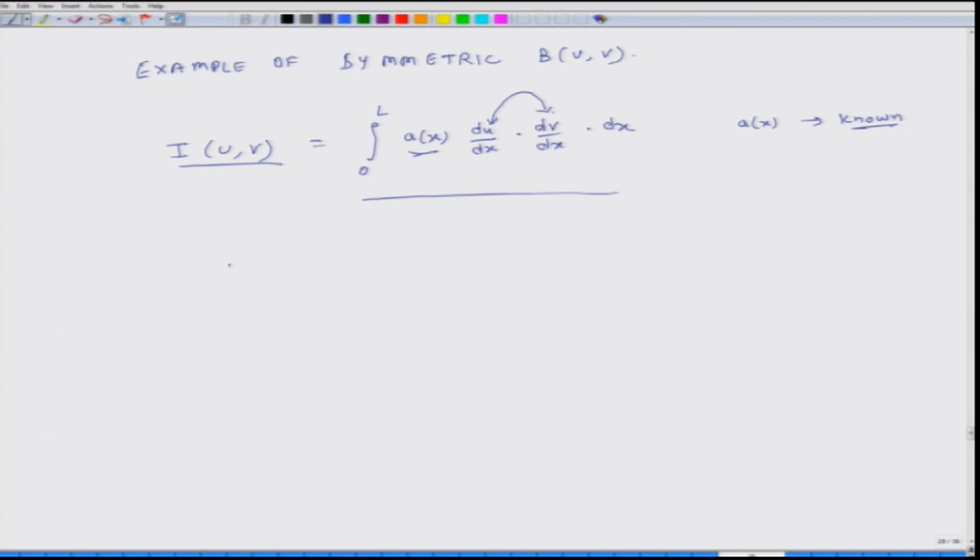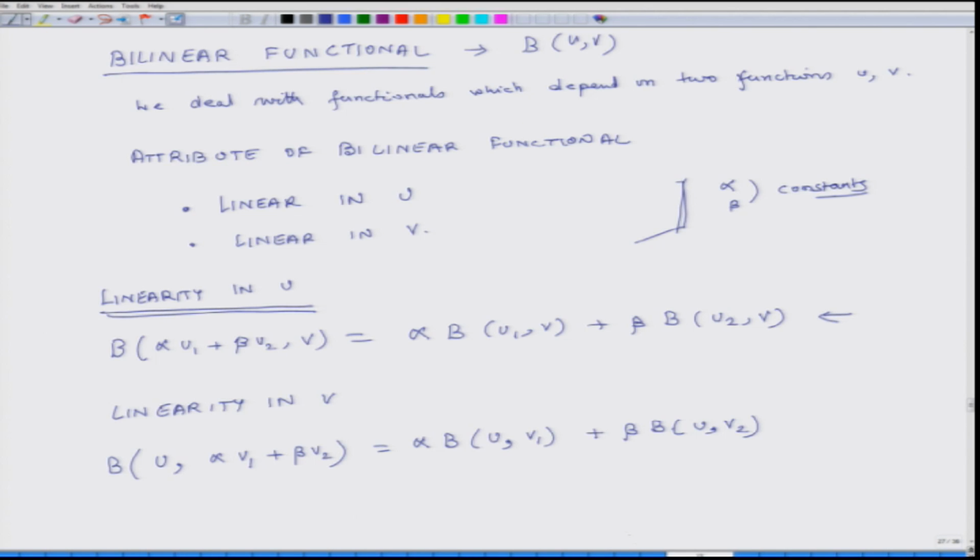First, it is bilinear. What is the condition for bilinearity? That it should be linear in u and linear in v. So, I verify whether the first condition is satisfied, and I will see it satisfies the first condition, and I will also see that it satisfies the second condition. That will establish that it is bilinear.